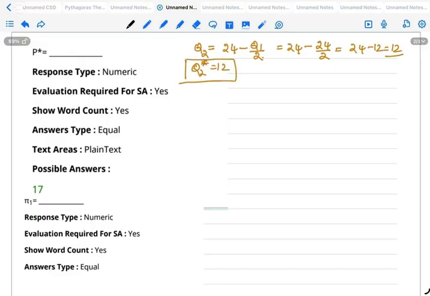And P star equals 53 minus Q1 plus Q2, so that is 53 minus 36, that equals 17. So this answer is also correct.